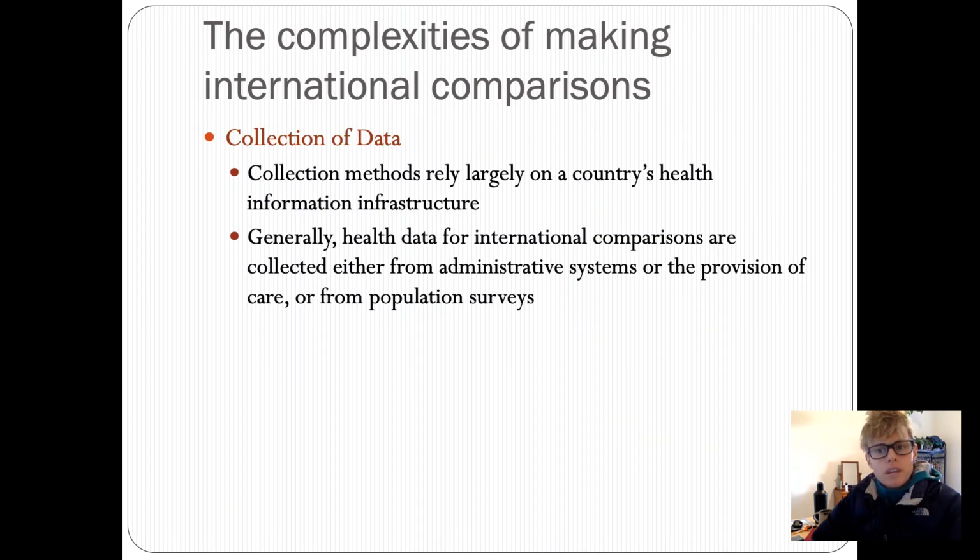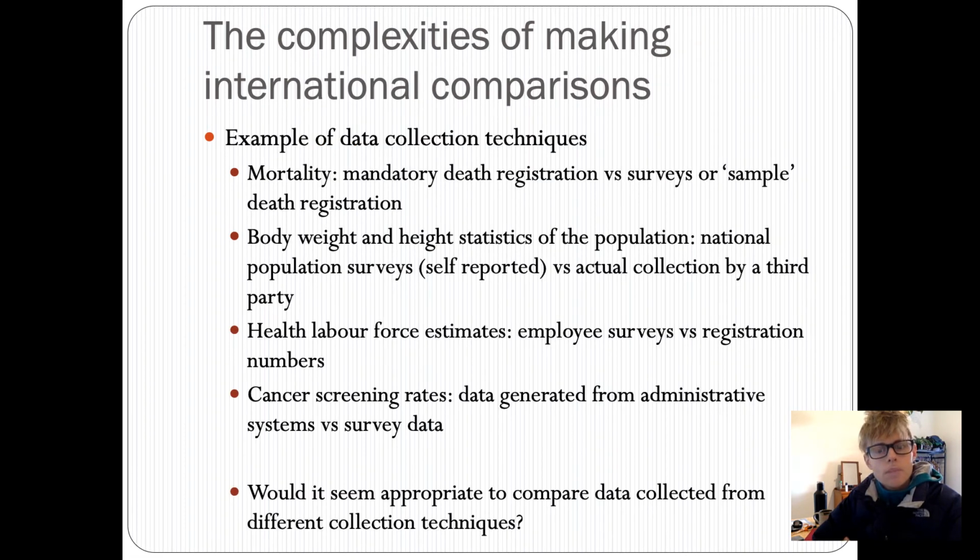Beyond issues regarding data quality, there are challenges inherent to the collection of data. As suggested on this screen, data collection relies upon a country having an administrative system or administrative protocols. But some countries, for instance, do not have a mandatory death registration.